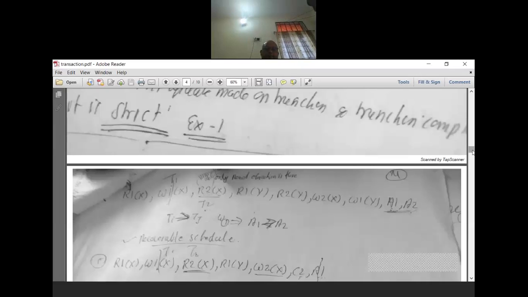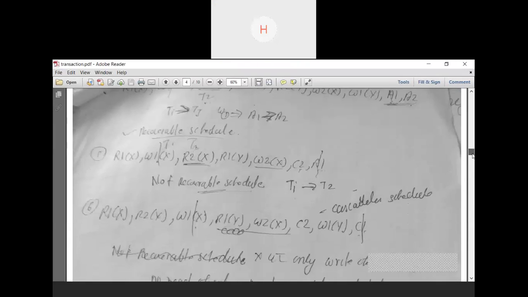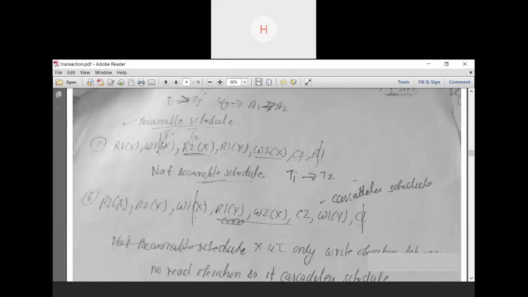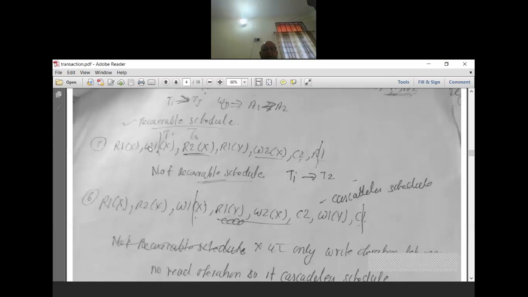Now the next example. First write operation on data item X. Completion of transaction 1 is over here. In between, a read operation is performed on the same data item X. I will check whether T1 is completing before T2 or not.